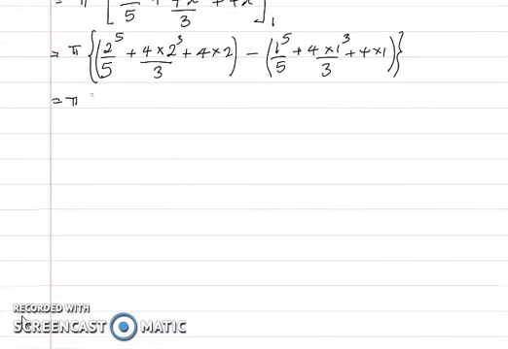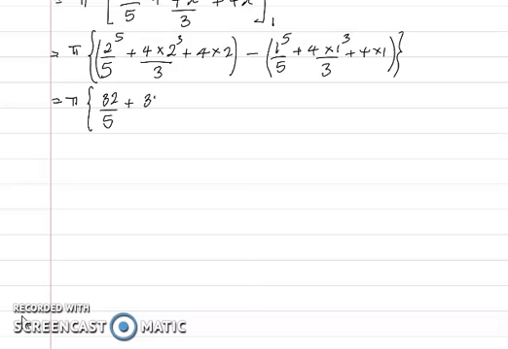So I have pi, and this becomes 32 over 5 plus 4 times 8 over 3, which is 32 over 3, plus 8, minus, to the right, 1 over 5 plus 4 over 3 plus 4.